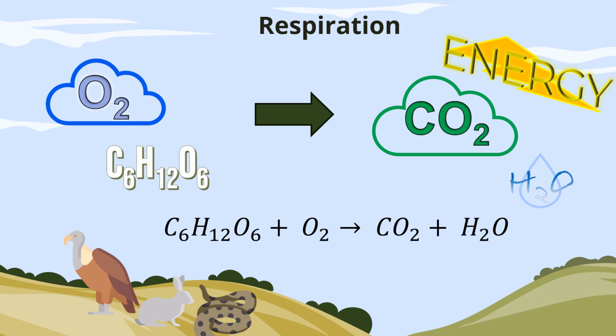Now, what's really cool about this, the whole energy part of this, is that if you think about it, energy is flowing through the system. The plants are using energy in order to create this larger compound glucose. They're getting that energy from the sun.